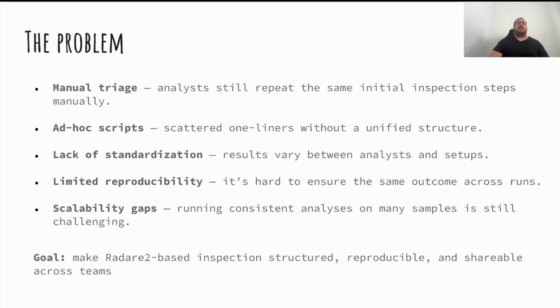If you don't have automation, what you have is a lot of ad hoc, scattered one-liner scripts without a unified structure, and then you have to parse these results and do a lot of work checking these outputs.